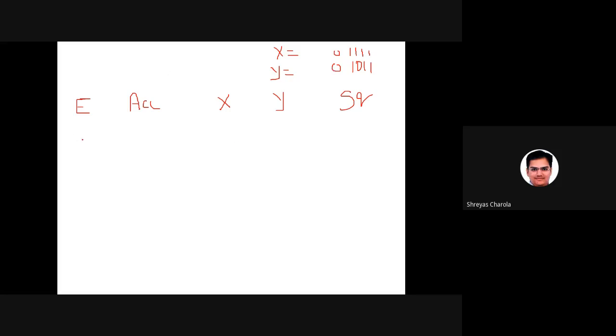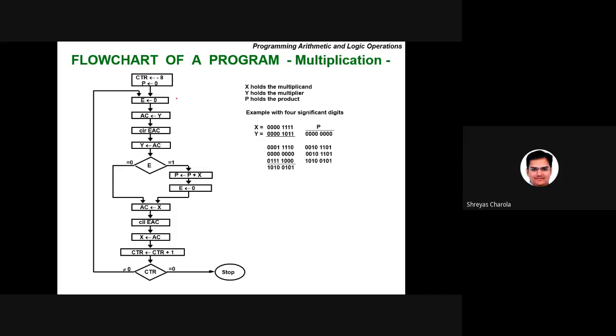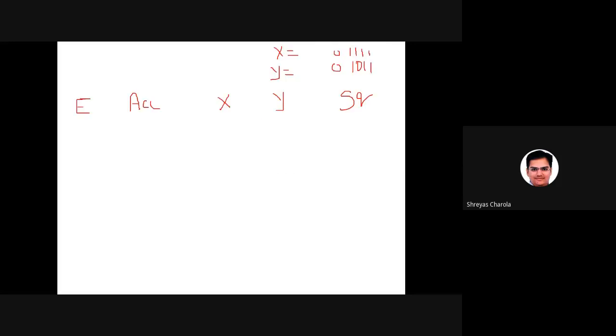So initially, as the flow chart says, the value of E is 0. The P register is also 0, which holds the product. What we are doing in the algorithm is adding something in the accumulator, which holds the value of the product. So with X and Y, we must require one more thing.